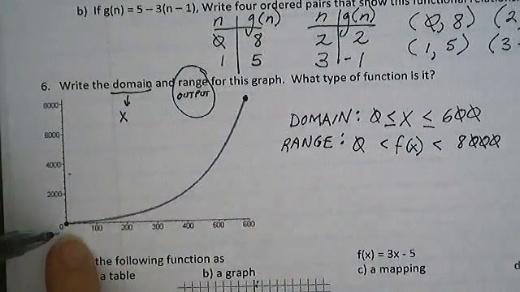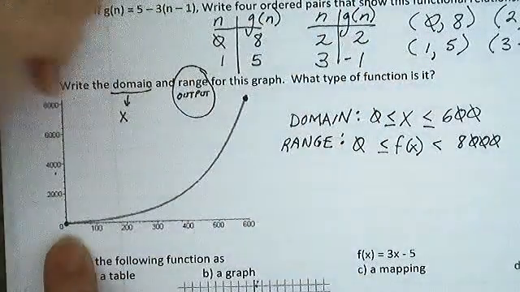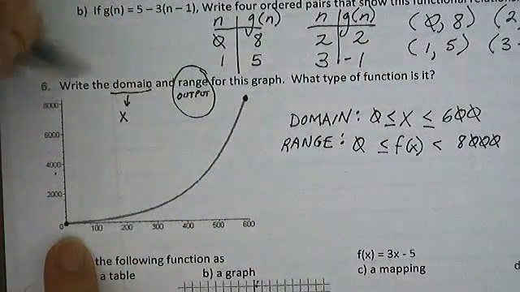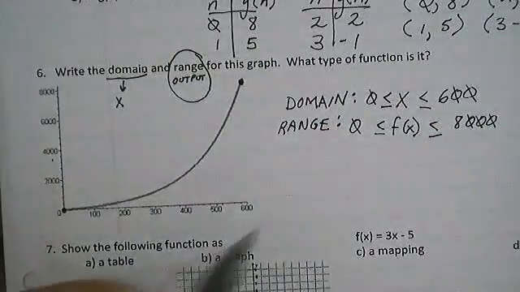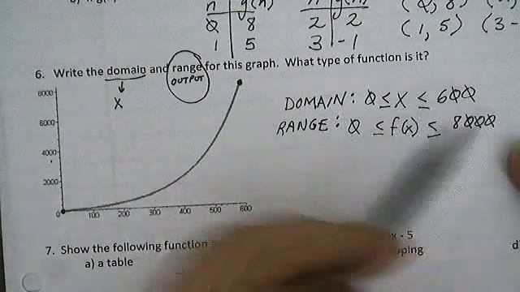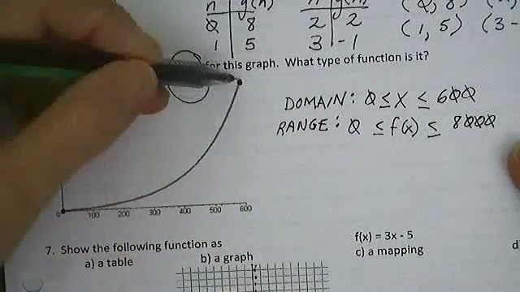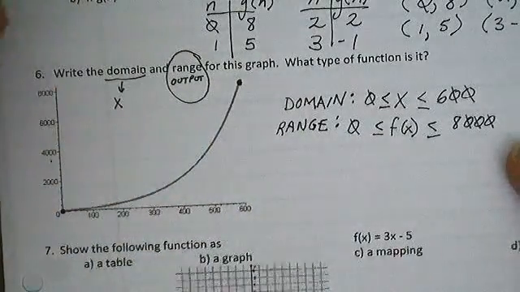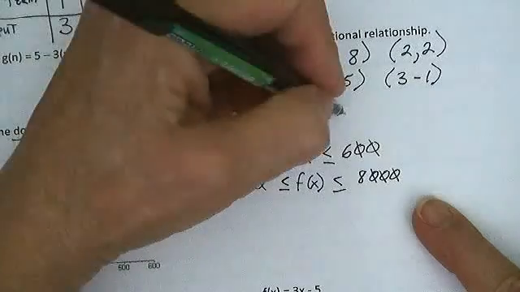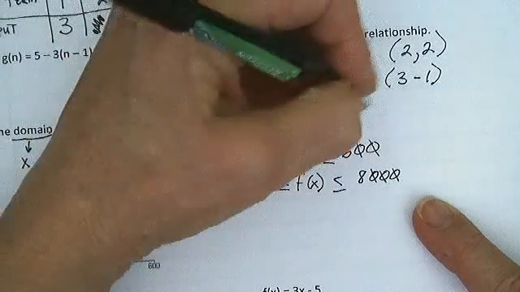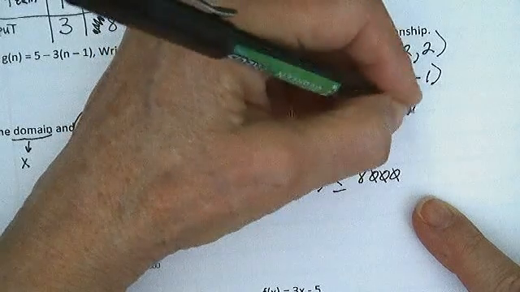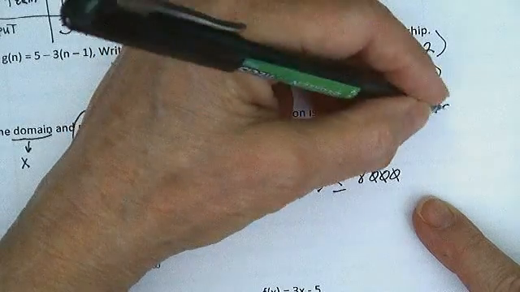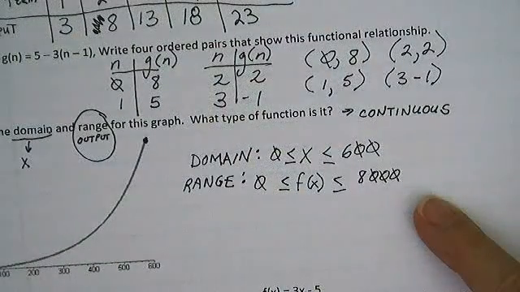Can it be equal to 0? Yes. Can it be equal to 8,000? Yes. I notice that the only way that this is correct is when I have a continuous function. So when they ask me what type of function this is, I can answer with complete confidence, continuous. That's number 5 and 6.